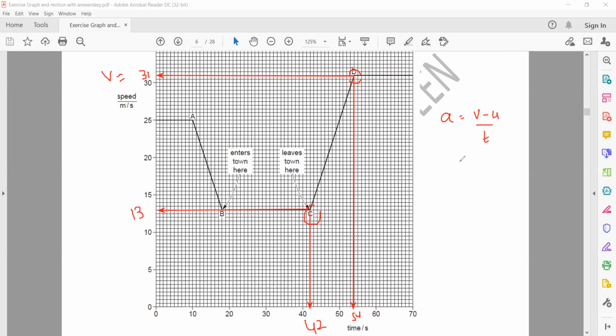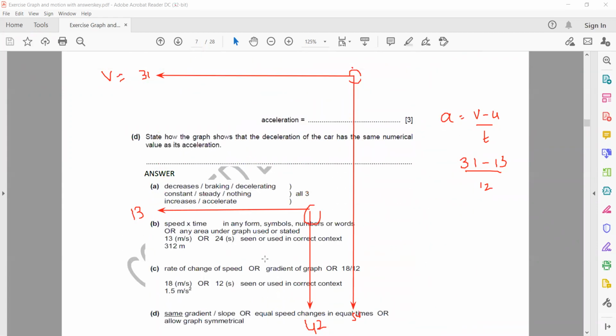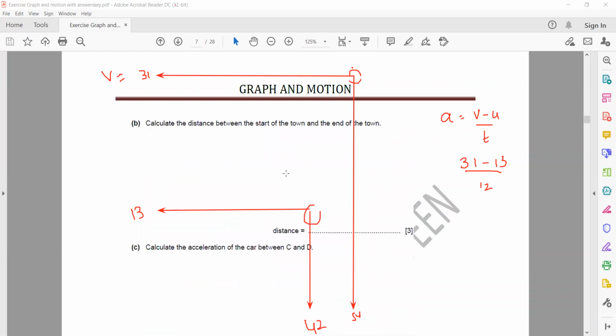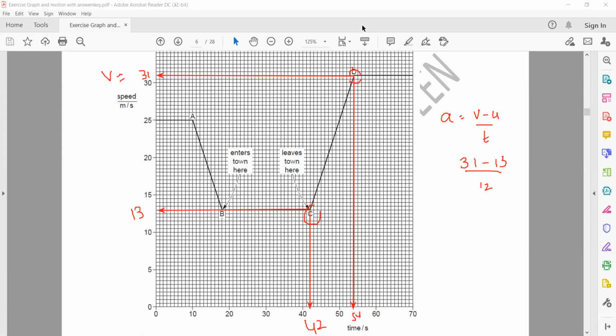The final speed is 31, the initial speed is 13, and the time interval is 12. So 31 minus 13 divided by 12, you will get the acceleration, which is coming out as 1.5 meters per... V is not minus 4, V is 13 here, 31. V is the final speed because we need acceleration here.